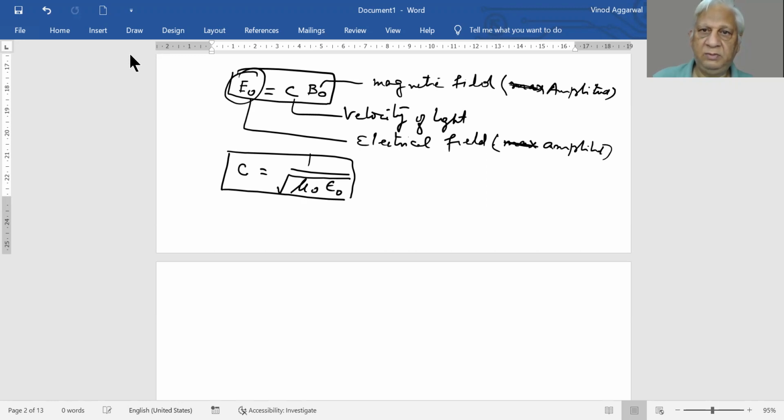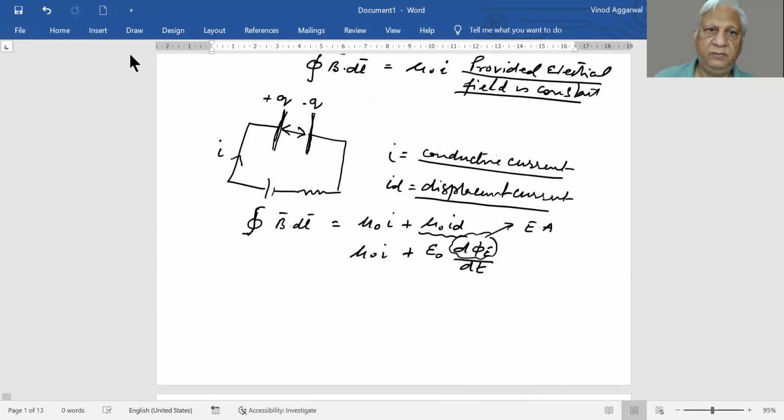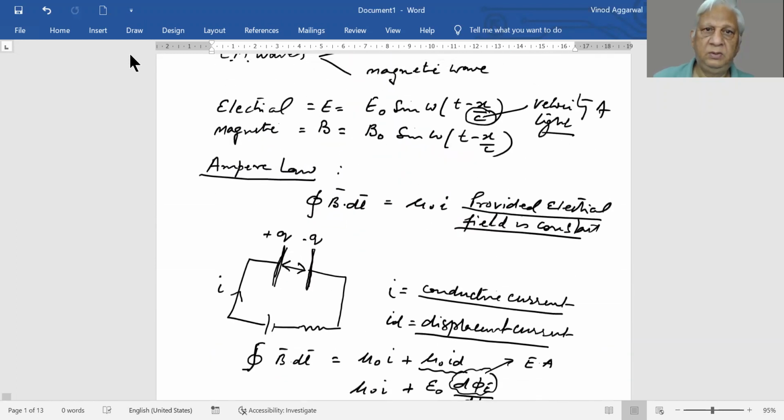There's nothing called maximum amplitude, or it is also called a peak value. Peak value is what we've seen earlier. Both are peak values. These are instantaneous values at any time t.